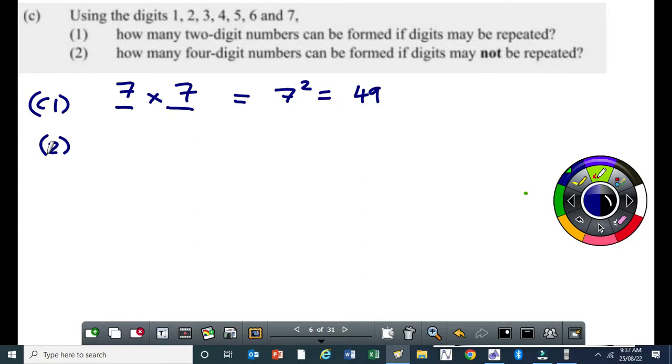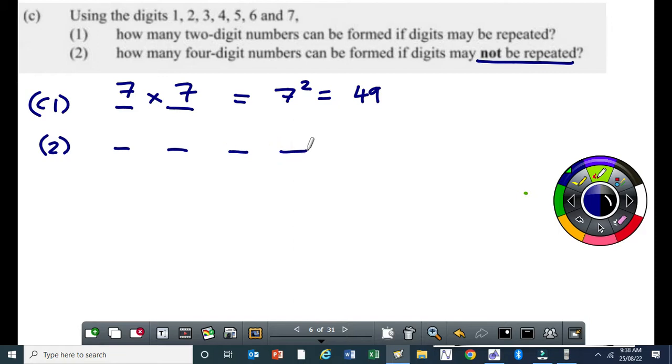So that's the second question. It says, how many 4-digit numbers can be formed if digits may not be repeated? This phrase here is very important. We have 4-digit numbers, out of those 7 digits.